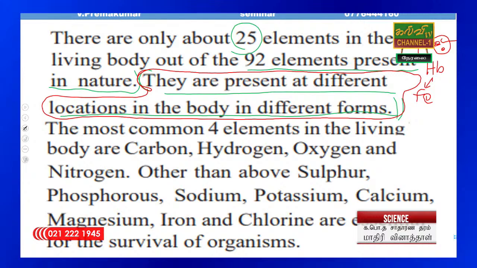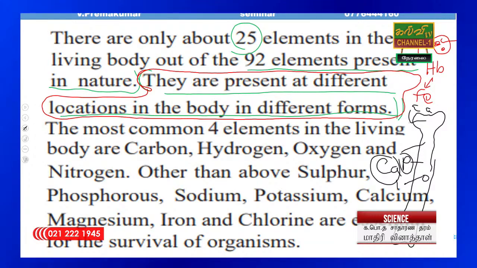If you consider the bone, it is made of calcium, and phosphorus is also there, and oxygen and hydrogen are there. I already mentioned and circled these in red color here.